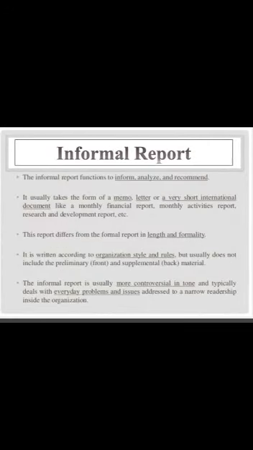Next, the second category of reports is the informal report. In this informal report, the functions are to inform, analyze, and recommend. It usually takes the form of a memo or letter or a monthly financial report. The formal and informal reports have a small difference lengthwise and formality wise.